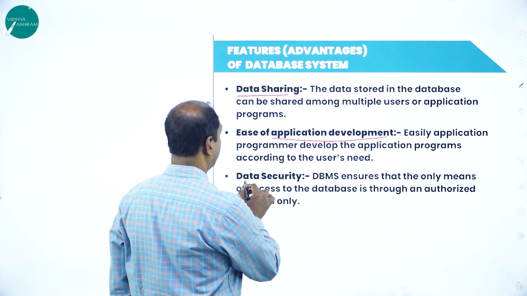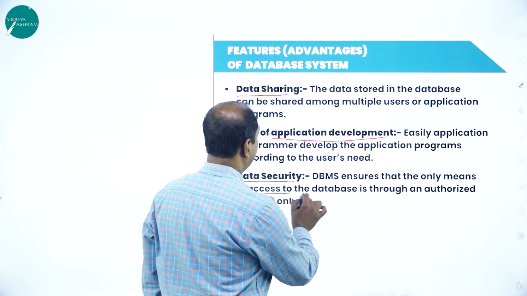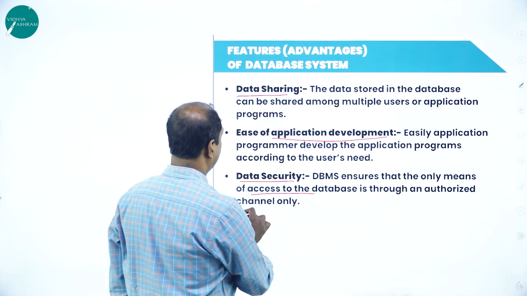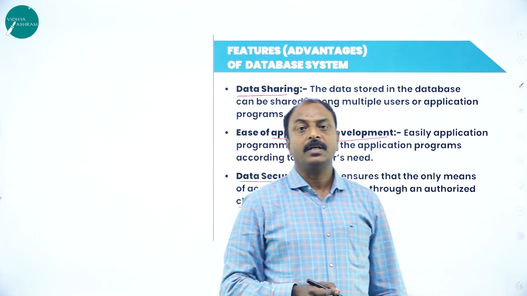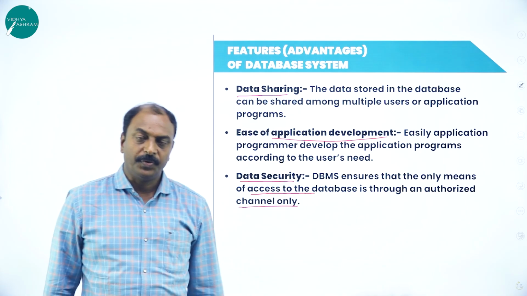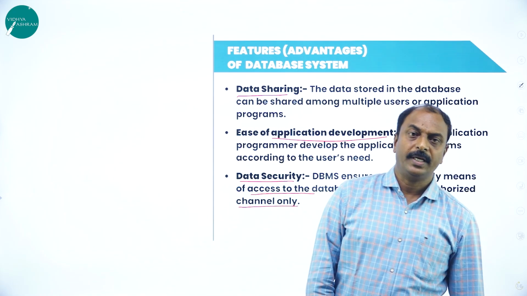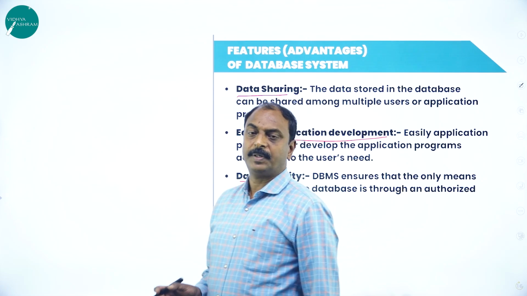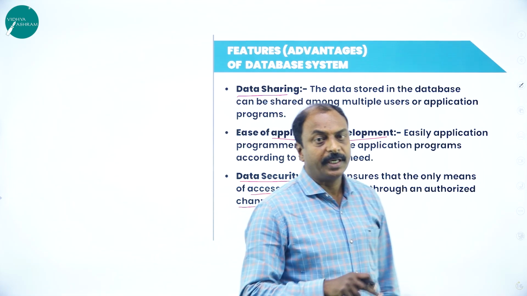Next one is data security. It ensures that access to the database is only through authorized channels. So it is a type of data security. If you take the same example of the supermarket, the person at the billing counter has access to the database.